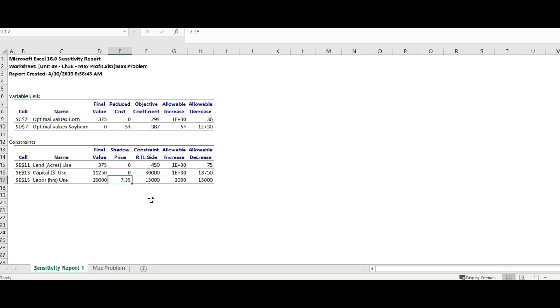For example, if the minimum wage for agricultural labor is 7.25, for example in Indiana, this means that we could still gain 0.1 for each extra hour of labor.